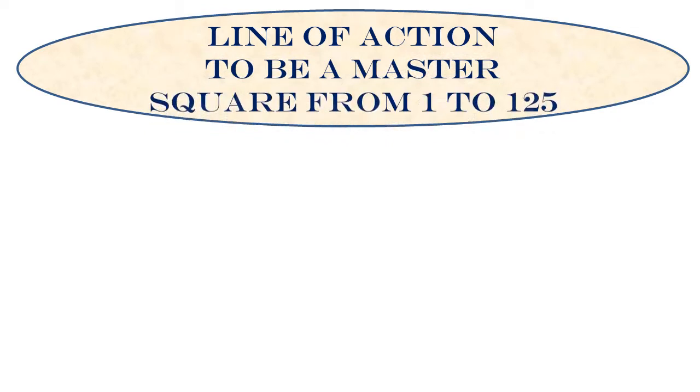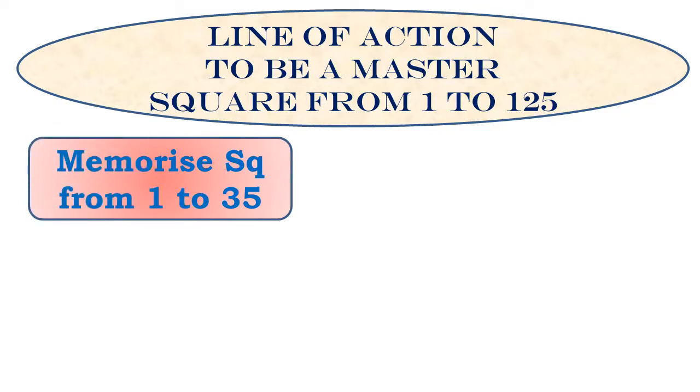My dear friends, it is very important to master these aspects. So I am summarizing here what the line of action should be. As a student, what should be your line of action to be a master of squares from 1 to 125.